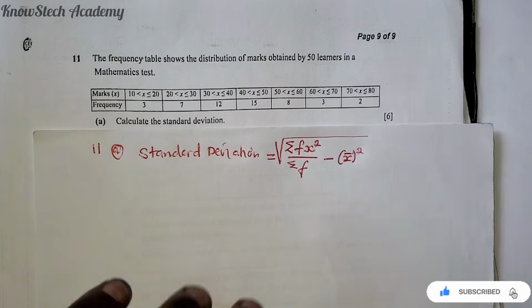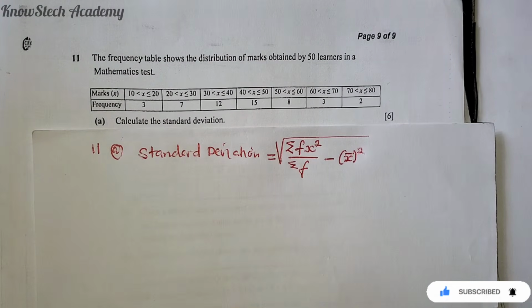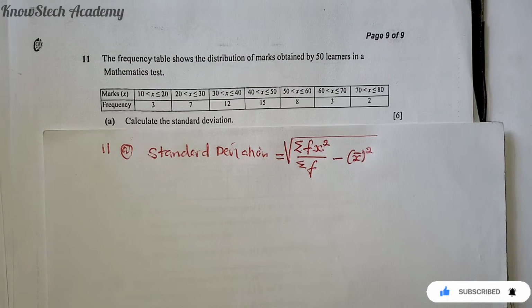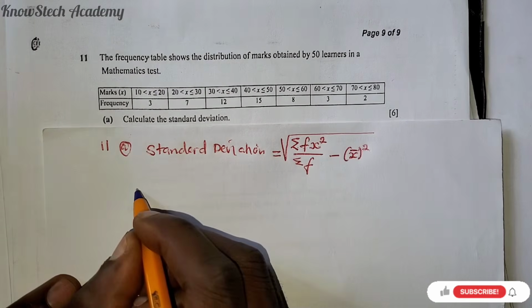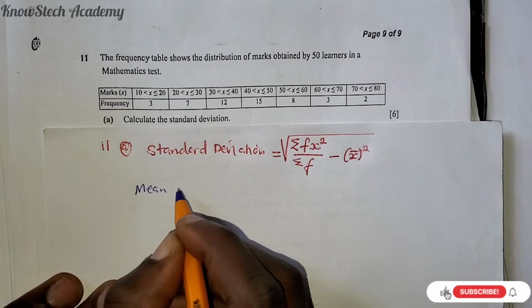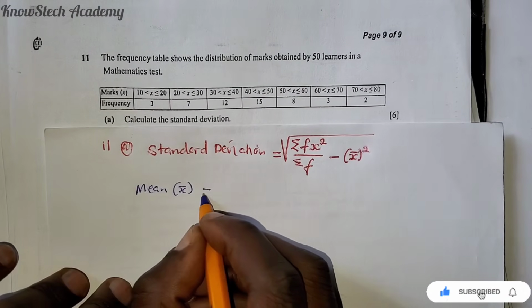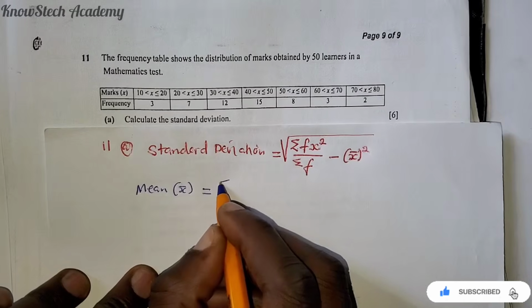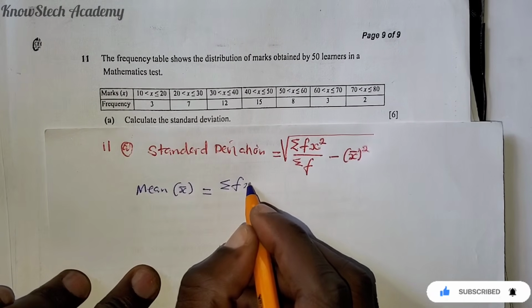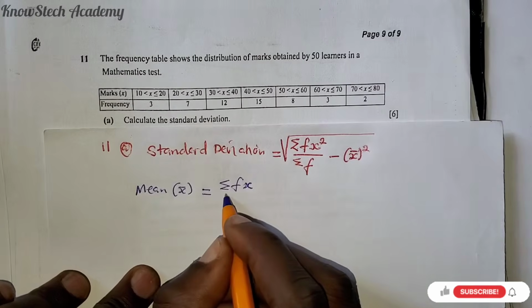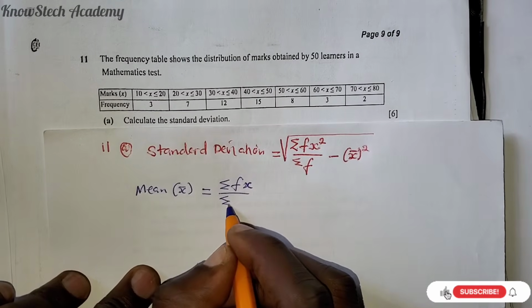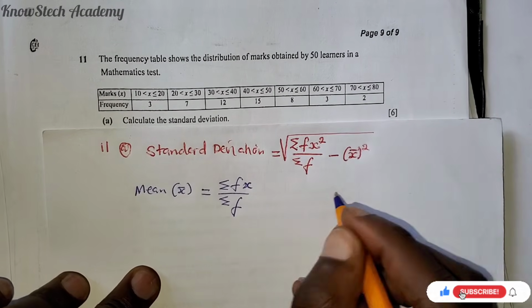So we're going to first find the mean, which is x bar here. The formula for finding the mean is the summation of fx over the summation of f.